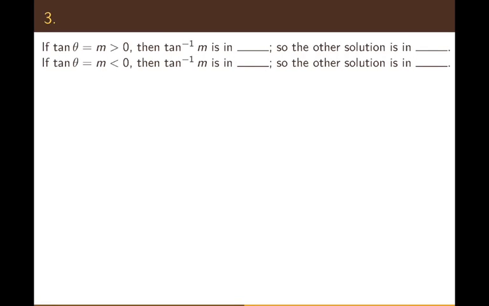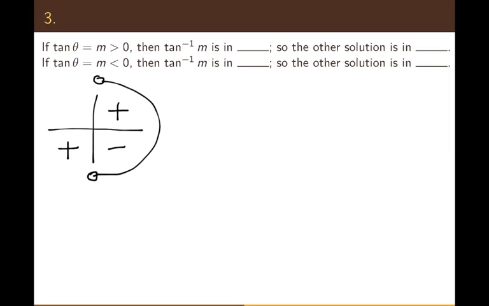Okay, so now looking at the tangent values, we're going to do the exact same analysis. I know that the range of tangent goes from negative pi over 2 to pi over 2, similar to sine, and tangent is positive in the first quadrant. It's also positive in the third quadrant, and it's negative in the other two. So the tangent inverse, when it's positive, will again be in quadrant 1, and the other solution is going to be in quadrant 3.